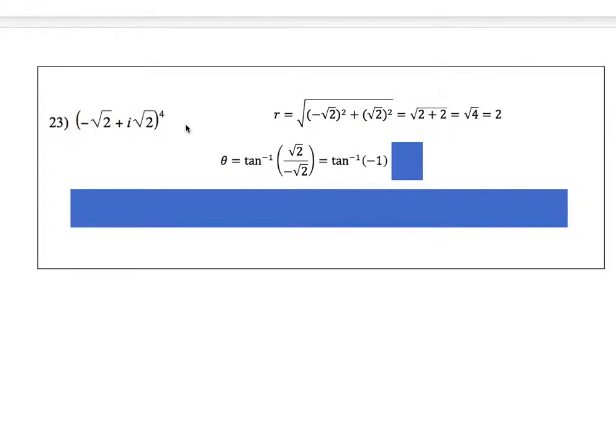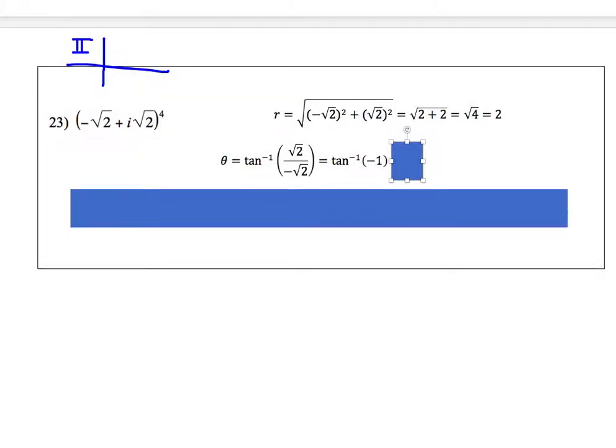If you look back over here, this is our real number, so we're going on the negative x-axis, and this is our imaginary number. So on our graph, we would be in the second quadrant, up here, because our i is positive.